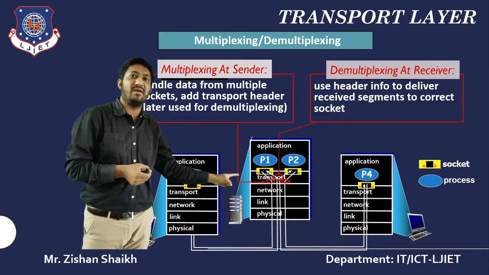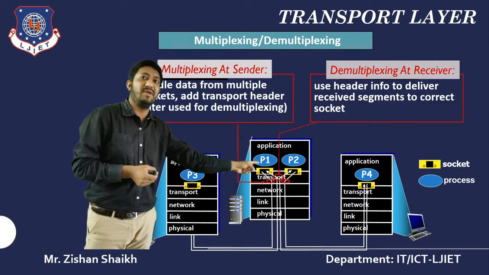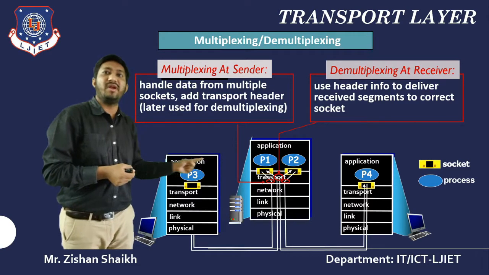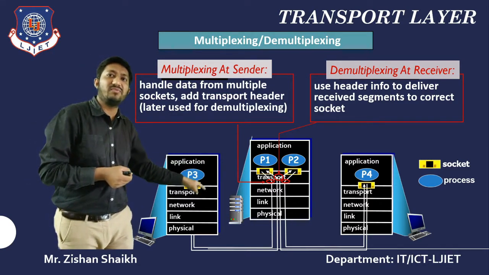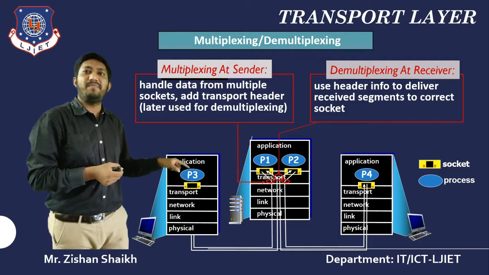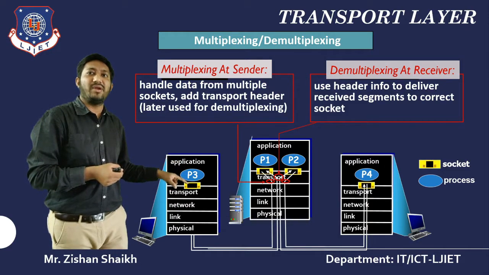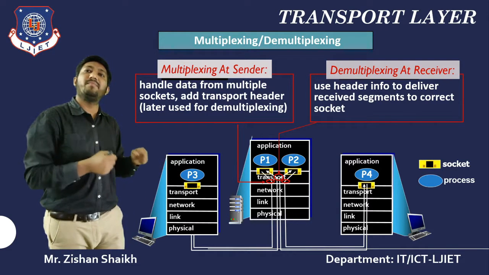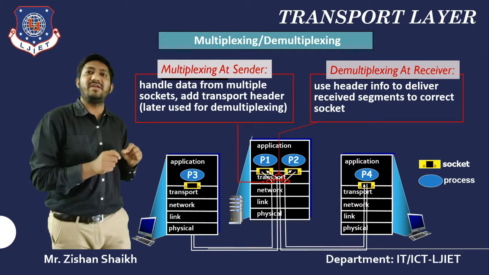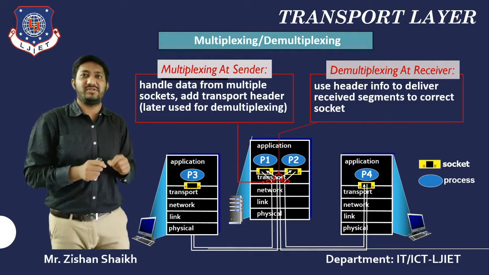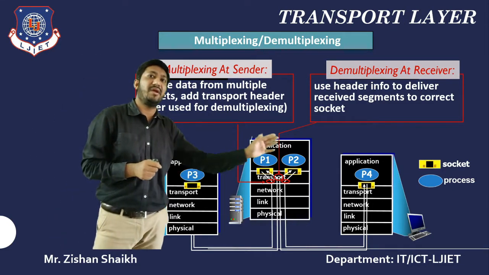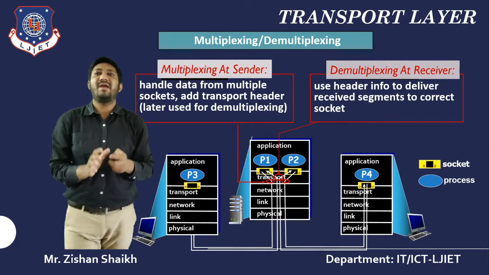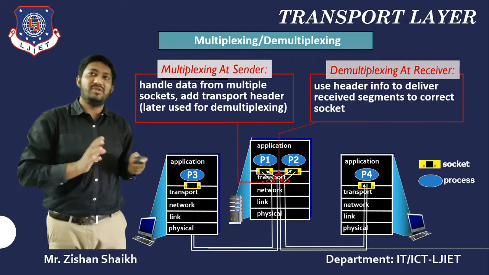For process P1 we have created one socket, and for process P2 we also created one unique socket. Now P1 wants to communicate with this machine, so it creates one logical communication. At P3 it also creates one socket. Both sockets are uniquely identified, because each machine can simultaneously work on a number of processes. In the same way, P2 can communicate with P4. So for multiplexing and demultiplexing we have to understand both these terms.